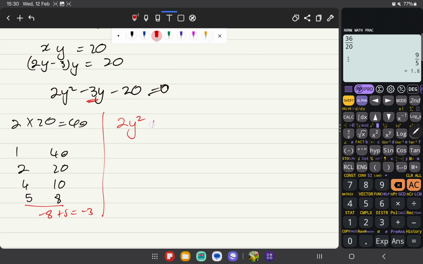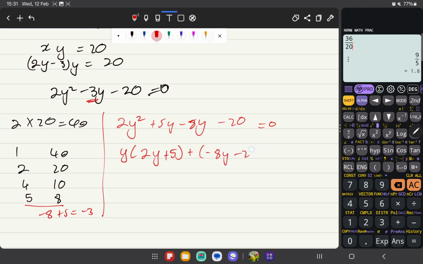For example, if I say 5y minus 8y minus 20 equals 0, I might be making my life harder, but let me just see what's going to happen. I take out the common factor y, and then here I have 2y plus 5, and then I had to group that.